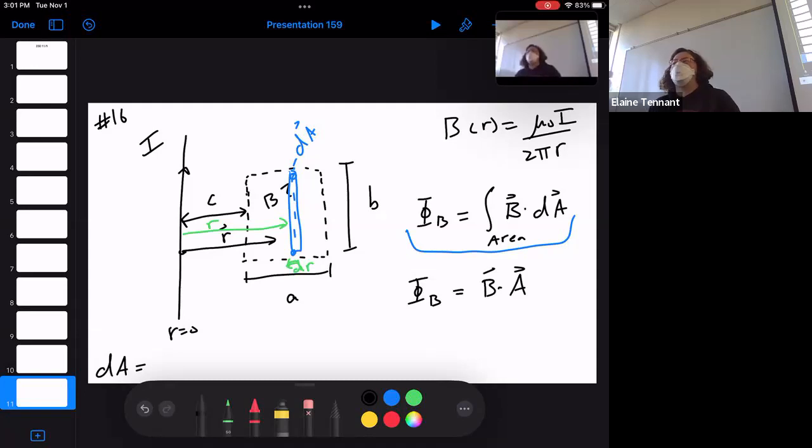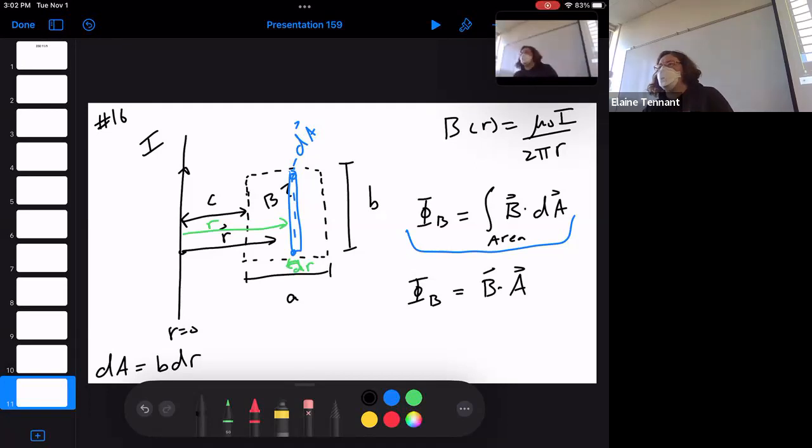What's the area of that strip in terms of dr and b? dr times b, right, because it's just a rectangle. So dA equals b dr. That's looking pretty good.